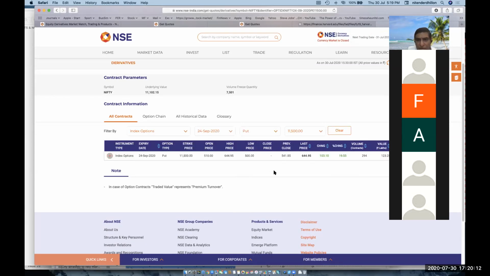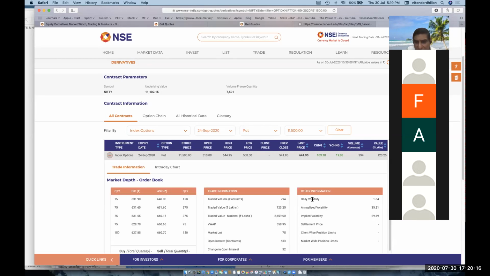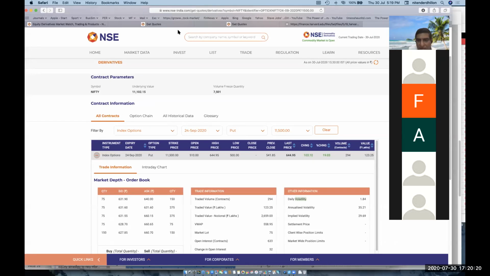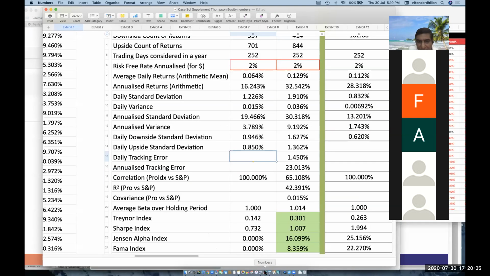I showed you the daily volatility. If I look at the index options and they say daily volatility, it is nothing else but daily standard deviation. Annualized volatility is nothing but annualized standard deviation. Implied volatility is nothing but implied standard deviation, if the pricing of a certain put option or call option. Is that all right? Yes, sir.